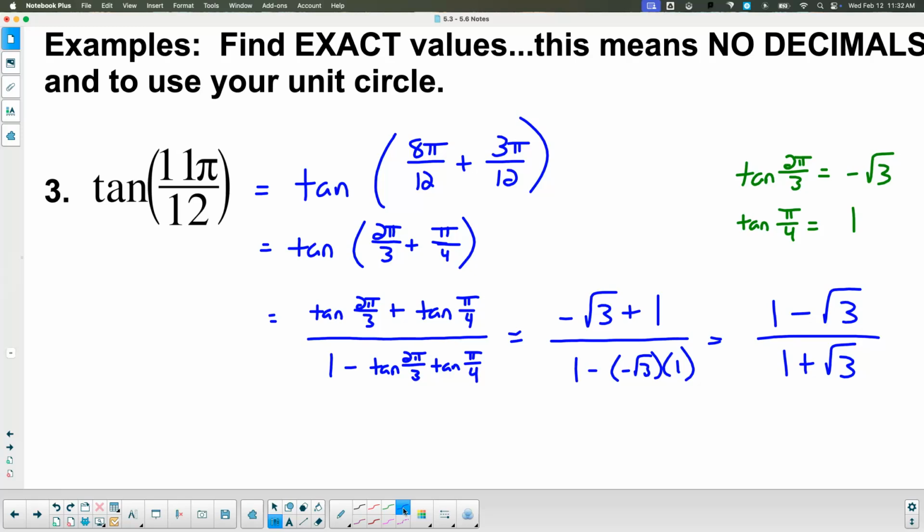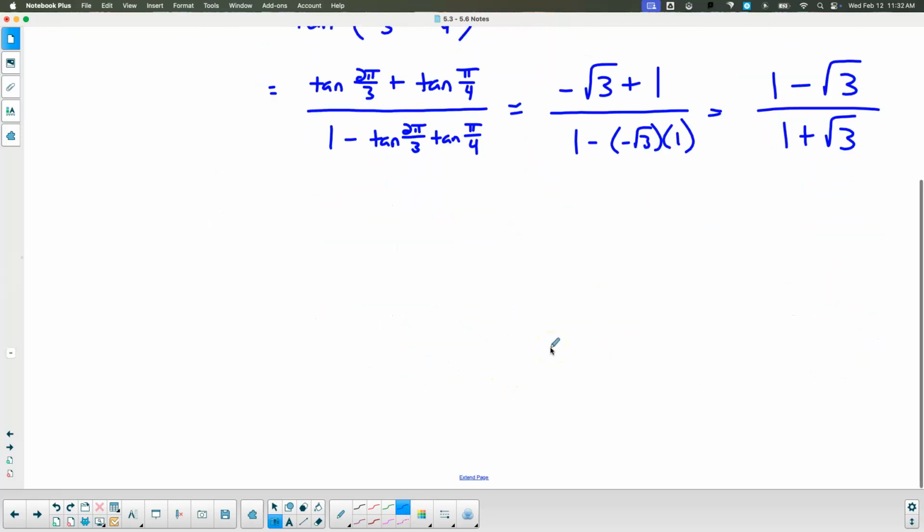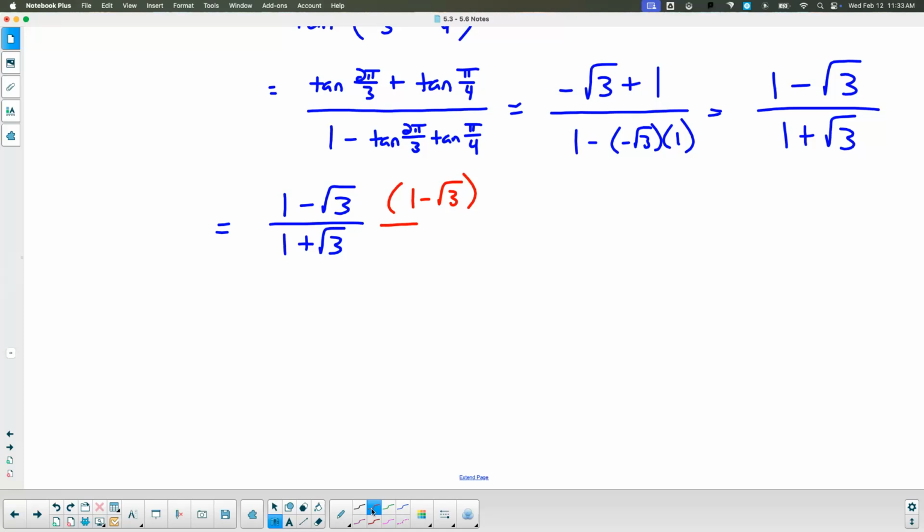For these, we are asking that you rationalize the denominator. So in order to rationalize the denominators, we have to multiply by the conjugates.